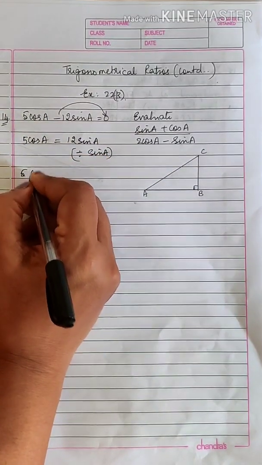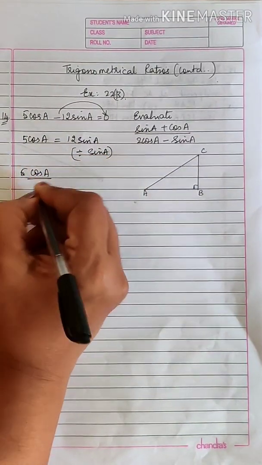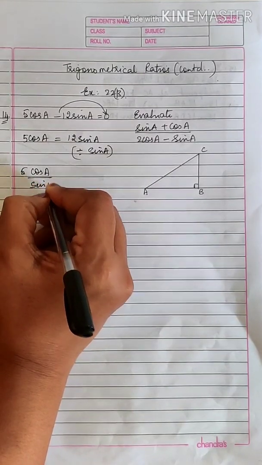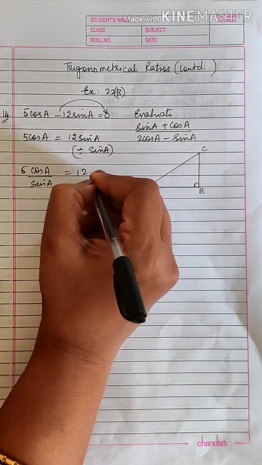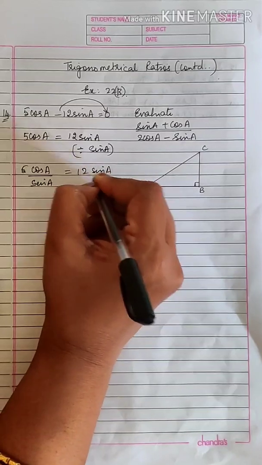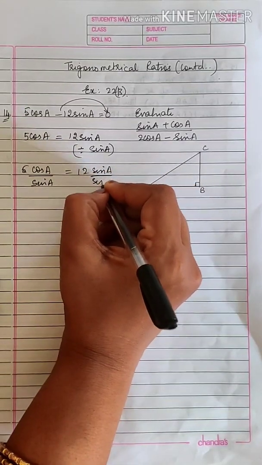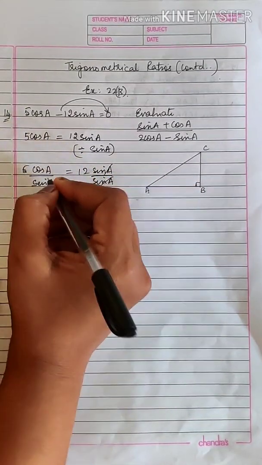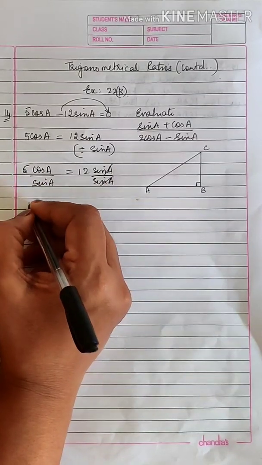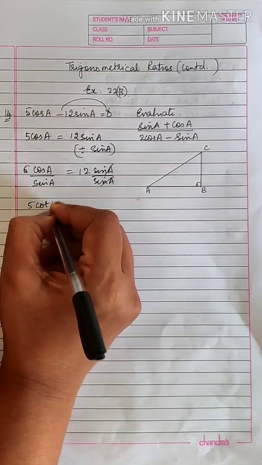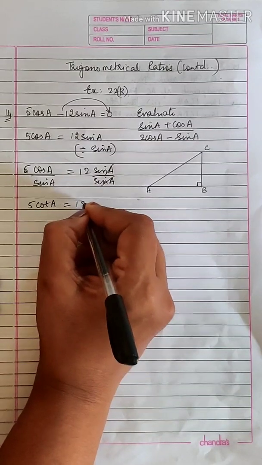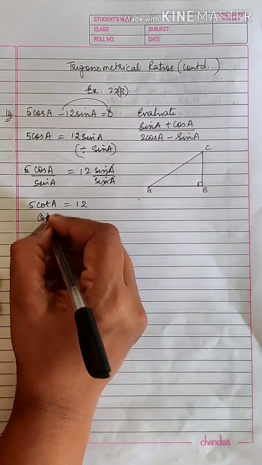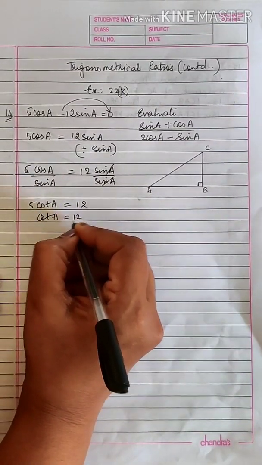So I get 5 cos A upon sin A equal to 12 sin A upon sin A. This gets cancelled, and what is cos A by sin A? That is cot A. So 5 cot A is equal to 12, or cot A is equal to 12 upon 5.